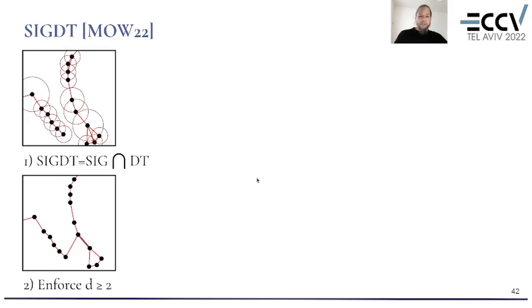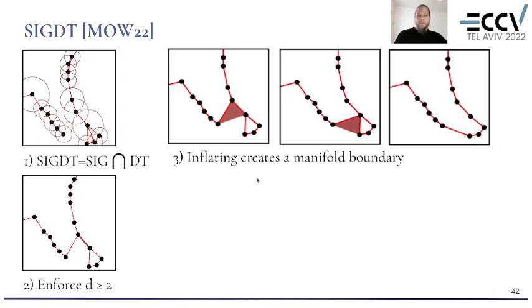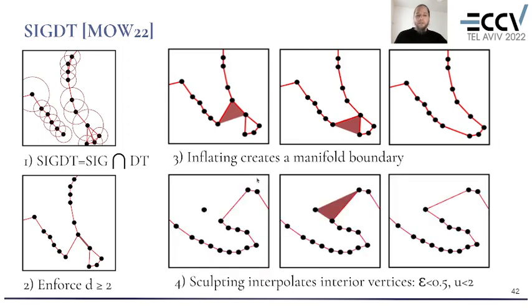Then we get a closed shape which may be deflated. As next steps we add inflating as in the connect 2D algorithm to get the manifold boundary, and then we sculpt to interpolate the interior vertices in the boundary. We prove epsilon of up to 0.5, however with uniformity between incident edges of a maximum factor of 2.